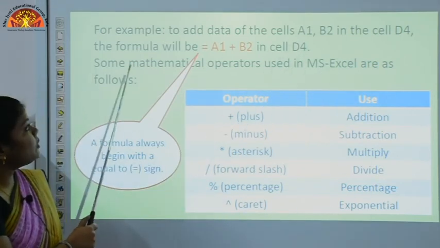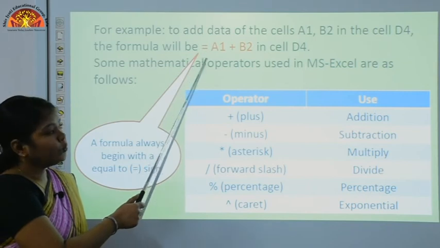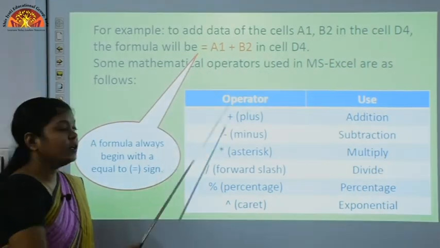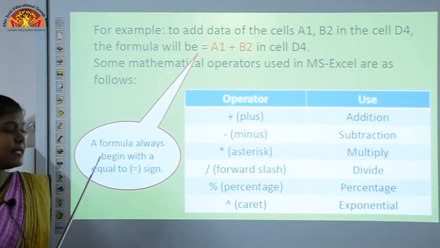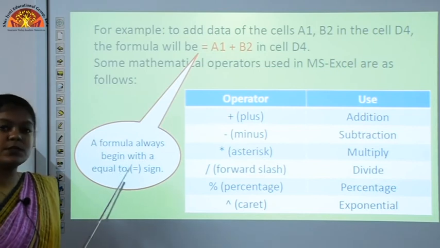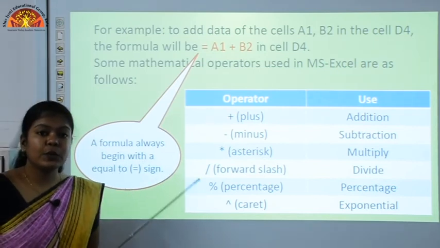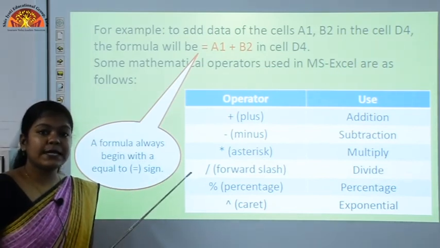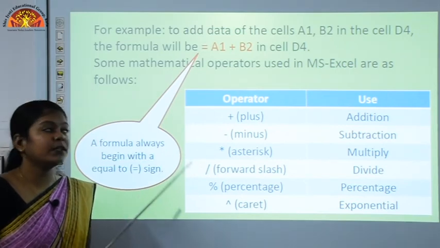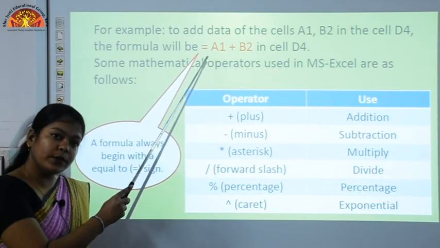The formula will be equal to A1 plus B2 in cell D4. Students, here the important thing is that a formula always begins with the equal to sign. If you want to insert any formula in your MS Excel document, then the formula always begins with the equal to sign.